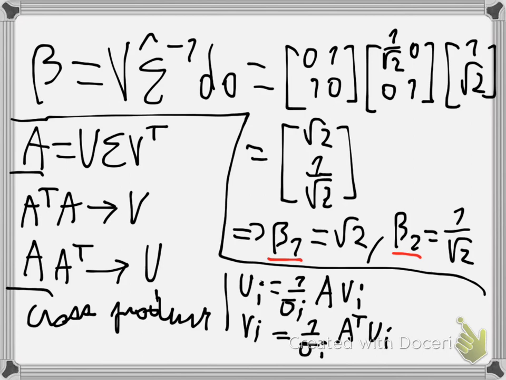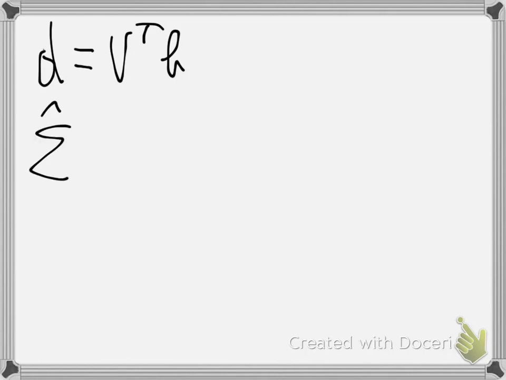So you find your singular value decomposition. The singular values are put on the diagonal in sigma, and they are the square root of the eigenvalues. Okay, so sigma i equals the square root of lambda i. And then to solve the least square problem, you find D equals U transpose B. And then you find the pseudo inverse.